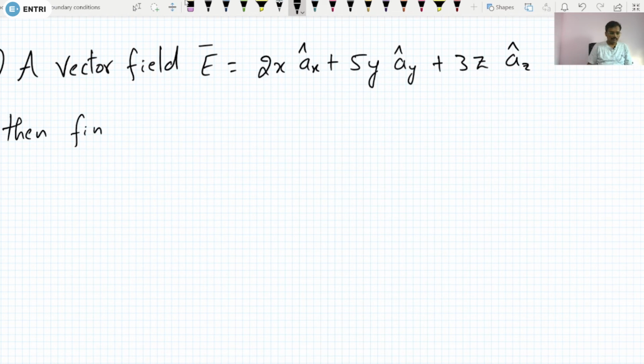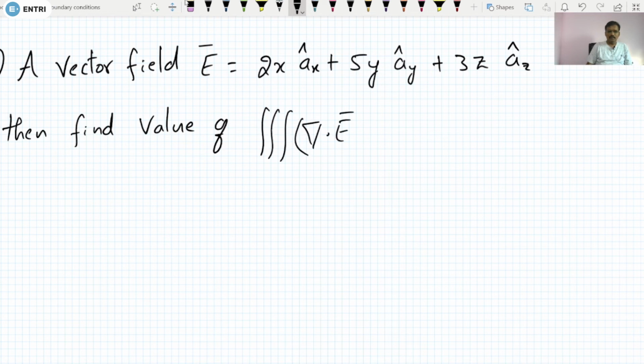Then find the value of the triple integral of divergence of E bar into dV.